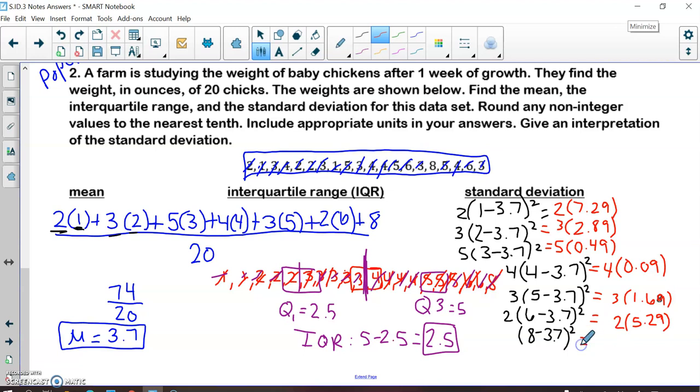And then finally the last one, 8 minus 3.7 squared is 18.49.